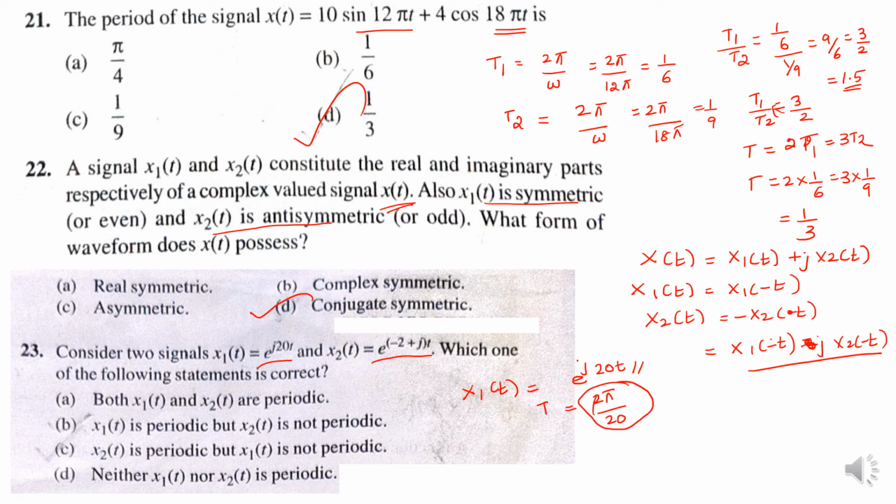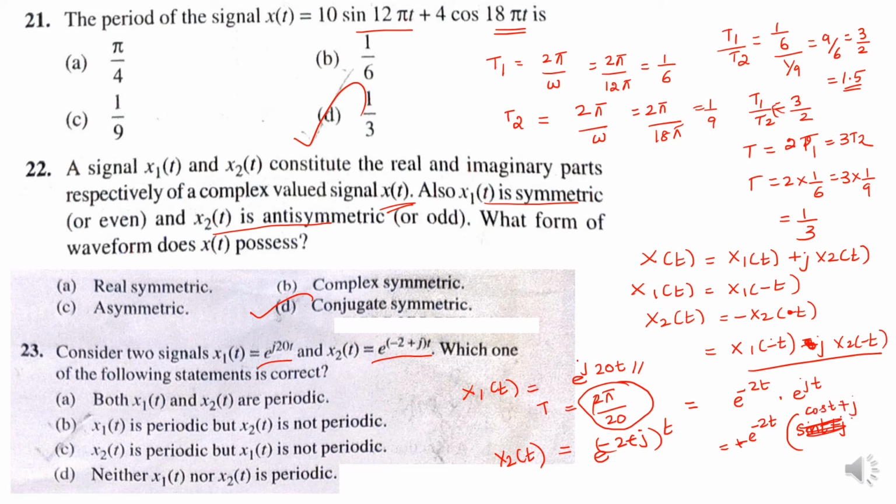So first one is periodic, and second, x2 of t is equal to e power minus 2 plus j into t. I am going to rewrite like this: e power minus 2t into e power jt. How to write e power jt? That is cos t plus j sin t.